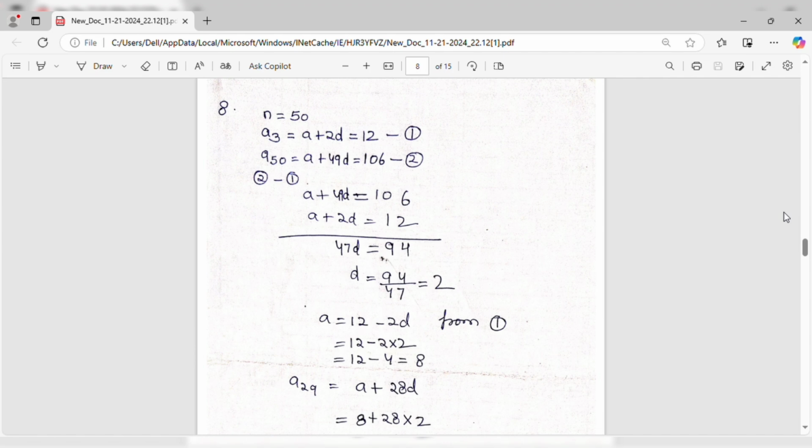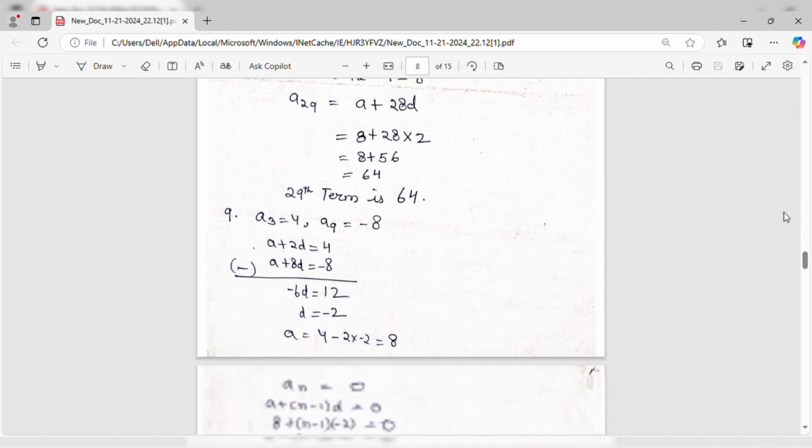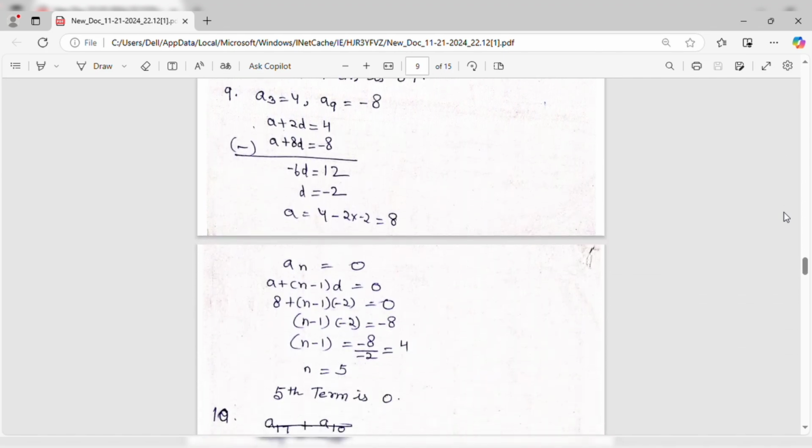We will frame two equations from the given terms, and we will get the values of a and d. d is 2 here and a is 8. a29 is a plus 28d. So we will get the value of a29 as 64. So the 29th term of this AP is 64.